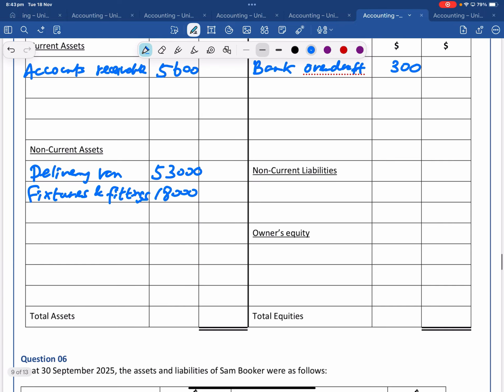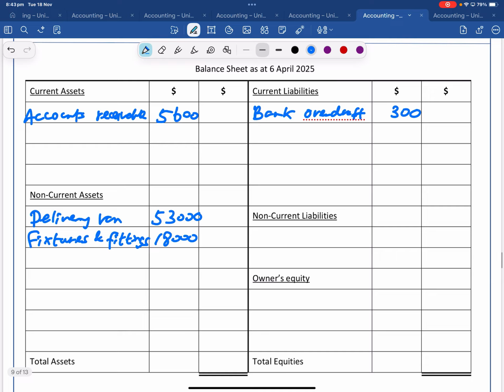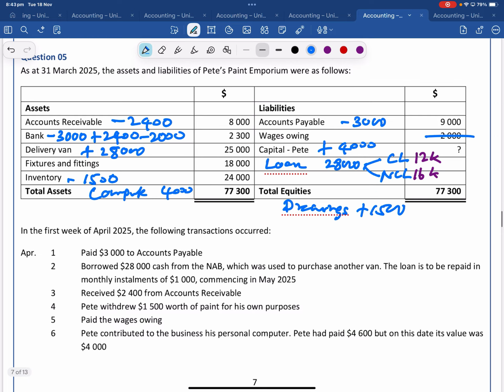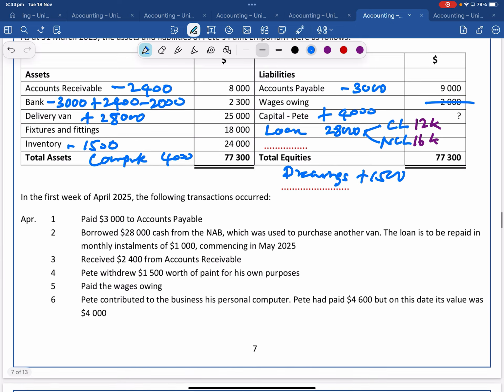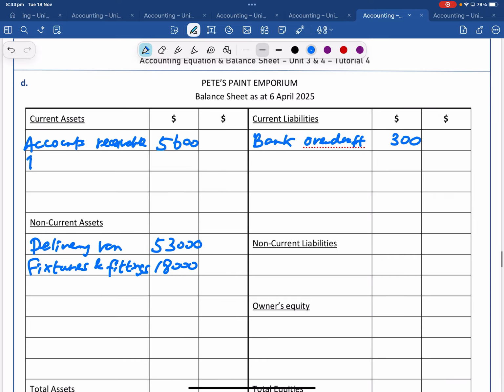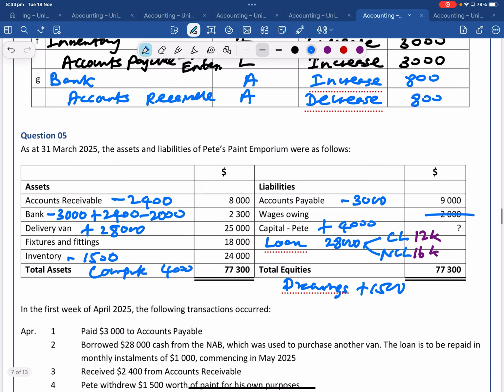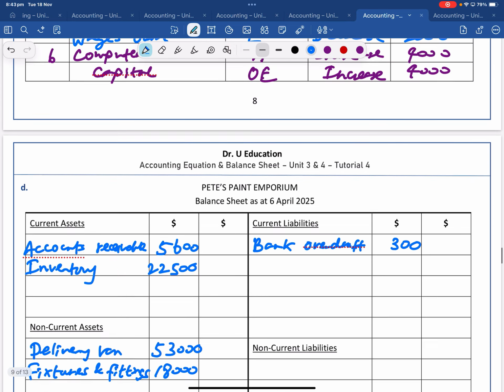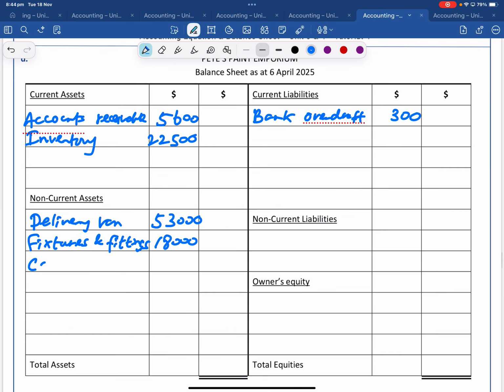Now inventory. How much is inventory? 22,500. Right. Then one more, computers. How much computers? 4,000.